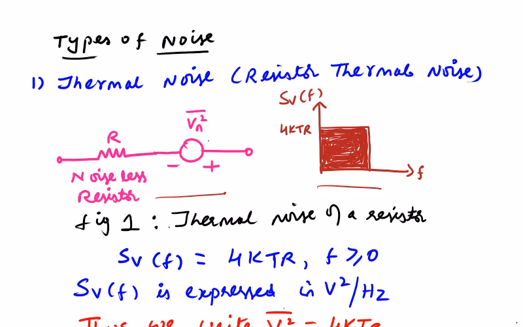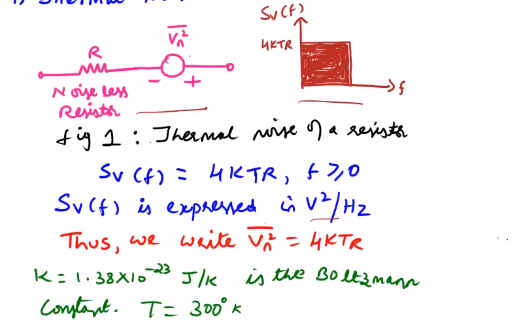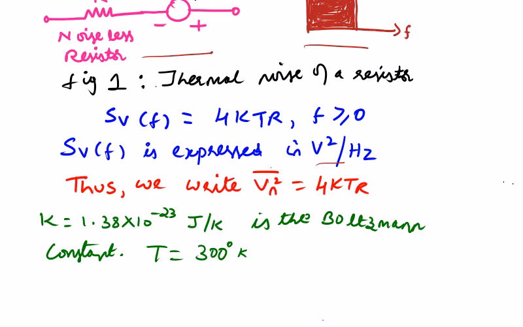Note that S_V(f) is expressed in V²/Hz, and thus we write Vn² mean is equal to 4kTR, where k = 1.38 × 10⁻²³ joules per Kelvin is the Boltzmann constant, and T = 300 Kelvin.